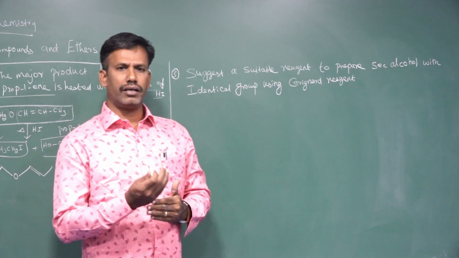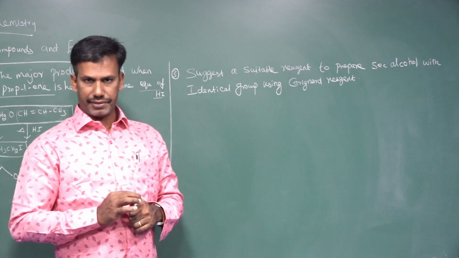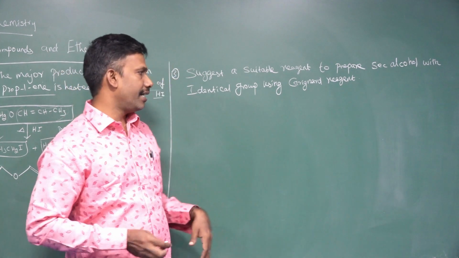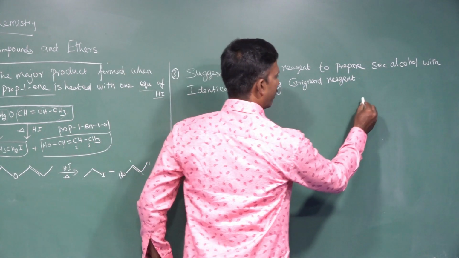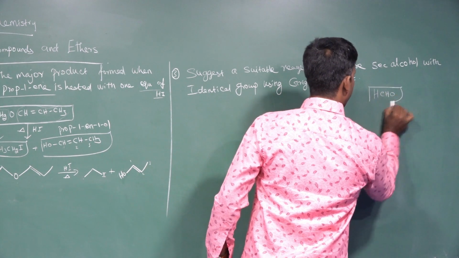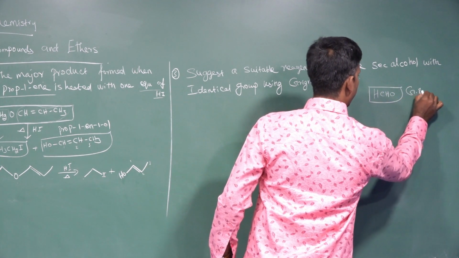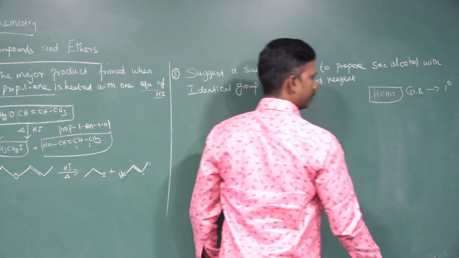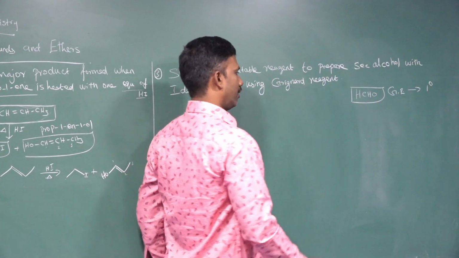You know very well, alcohol can be prepared from the Grignard reagent. When a Grignard reagent is treated with formaldehyde, always remember this, you get a primary alcohol.